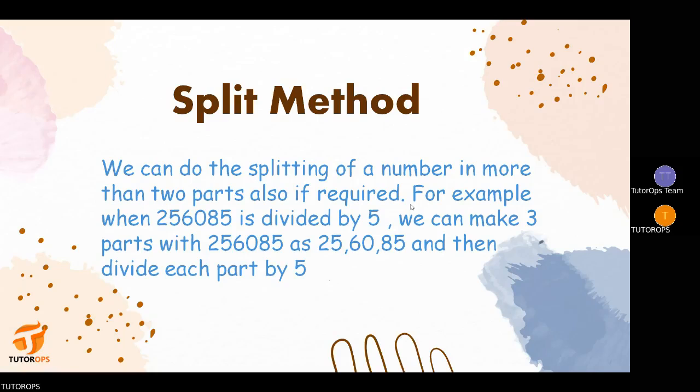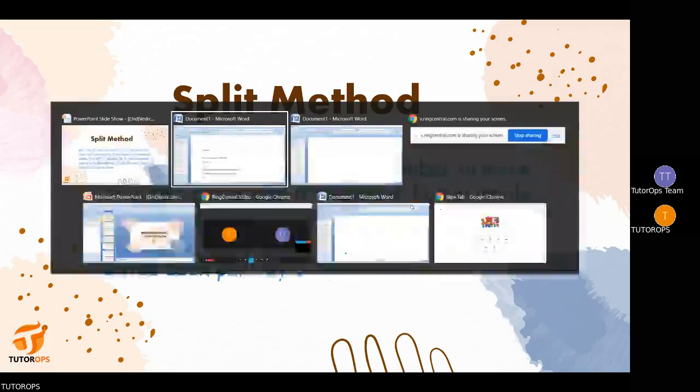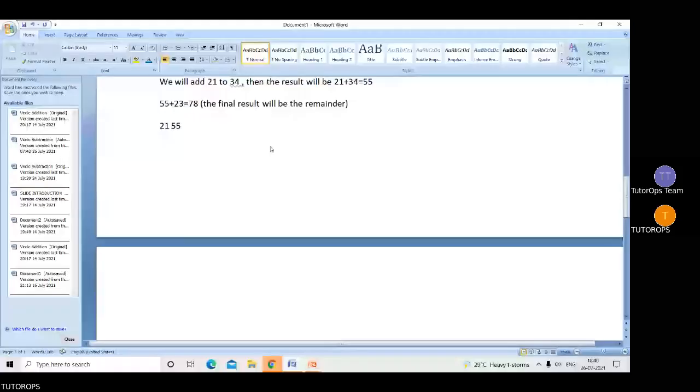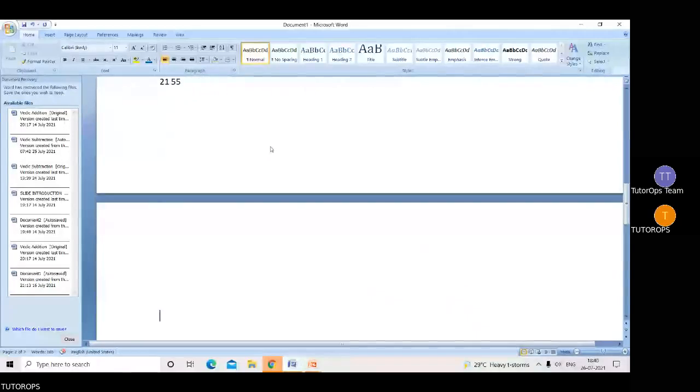Now let me take another big example. Say I am given a number, say 33, then followed by more digits. Okay. So this number is to be divided by 3.